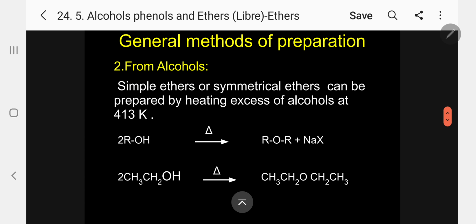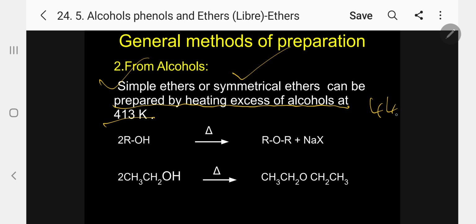Then from alcohols also we can prepare ethers. Kindly follow this. We have studied this under alcohol itself. Simple or symmetrical ethers can be prepared by heating excess of alcohol at 413 K. If you use a smaller amount of alcohol at 443 Kelvin, normally alkene is produced; dehydration takes place.